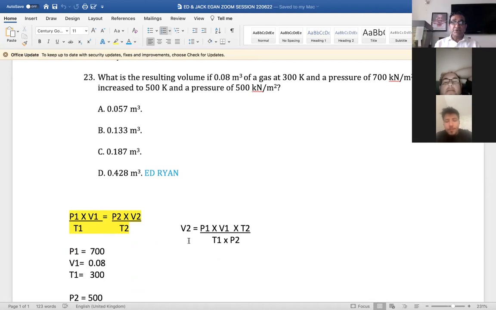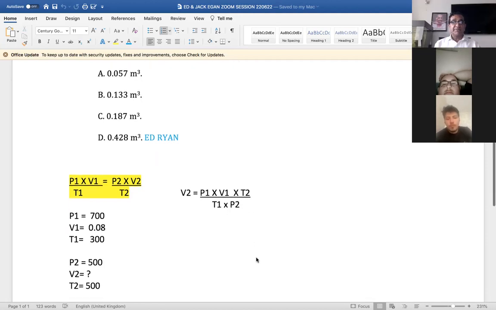So V2 equals P1 times V1 over T1, which stays the same, then T2 goes to the top and P2 comes to the bottom. So V2 equals P1 times V1 times T2 divided by T1 times P2. So that's the formula.